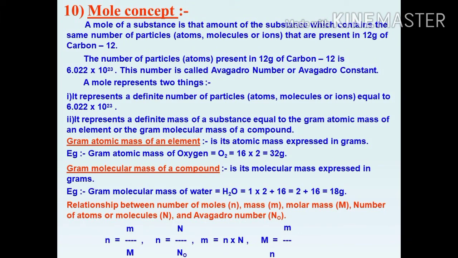Take an example of the reaction of hydrogen and oxygen to form water. 2H2 plus O2 gives 2H2O. From this reaction, what do you observe? Two molecules of hydrogen combine with one molecule of oxygen to form two molecules of water.